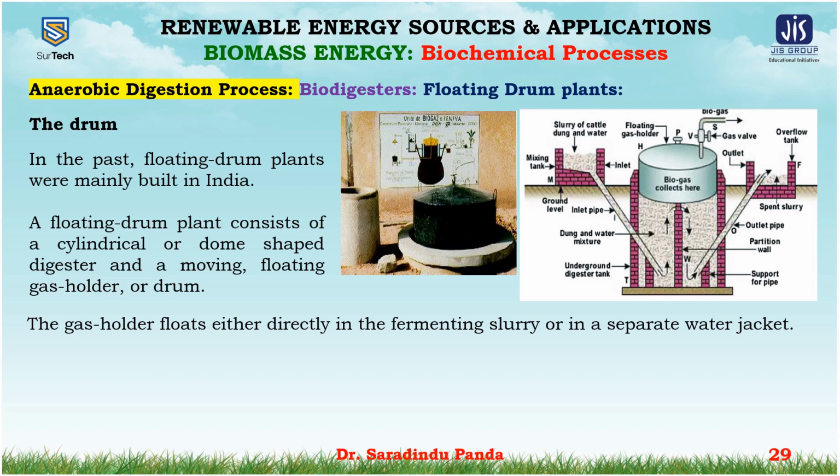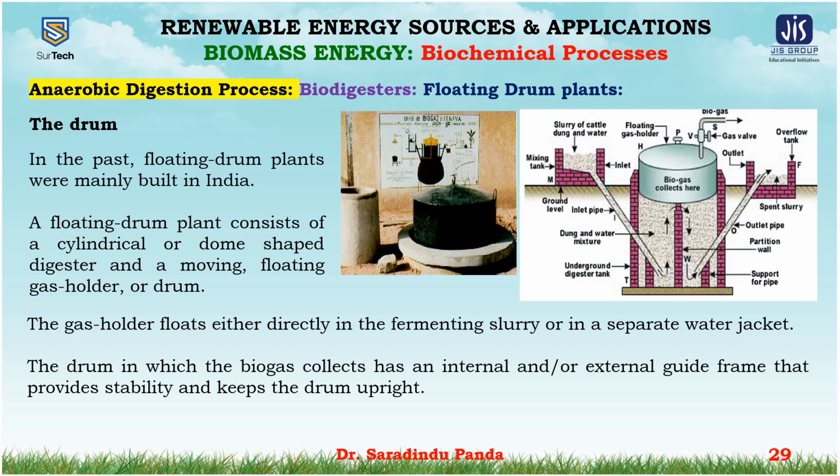The gas holder floats either directly in the fermenting slurry or in a separate water jacket. The drum in which the biogas collects has an internal or an external guide frame that provides stability and keeps the drum upright. This is the floating gas holder.